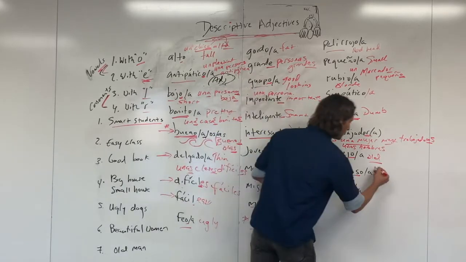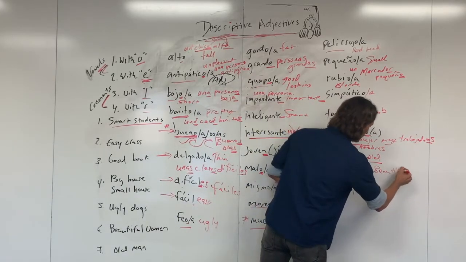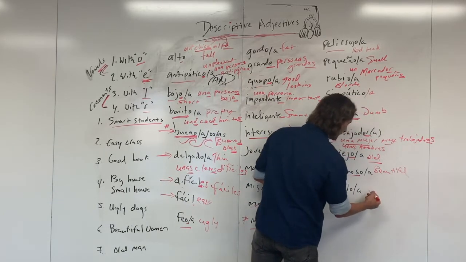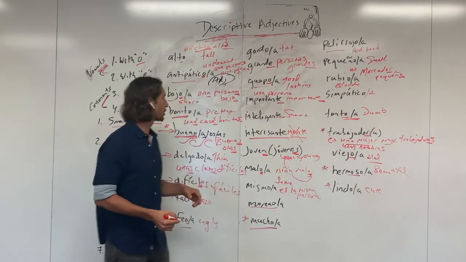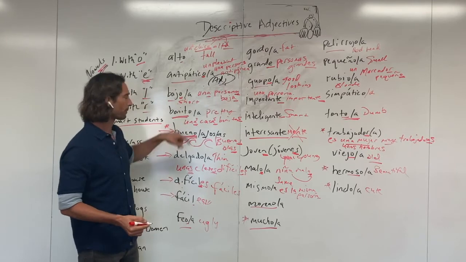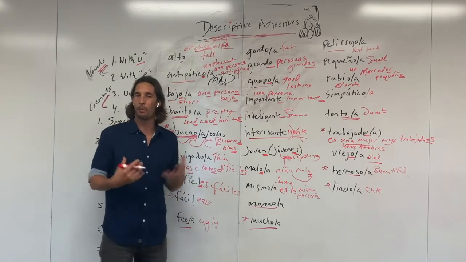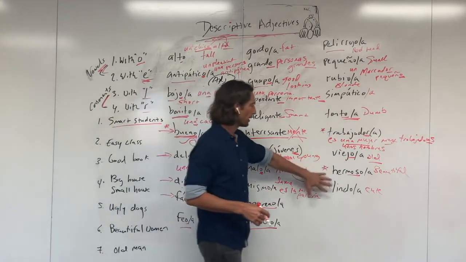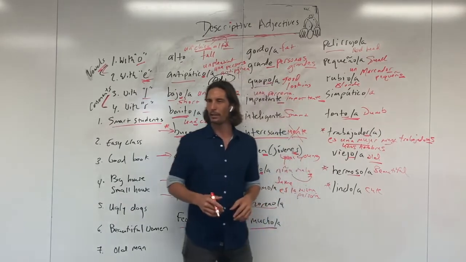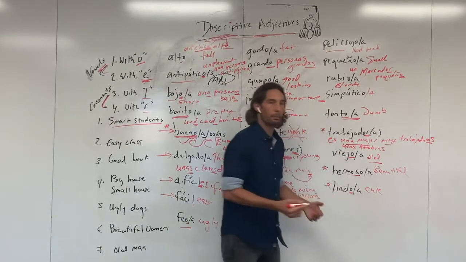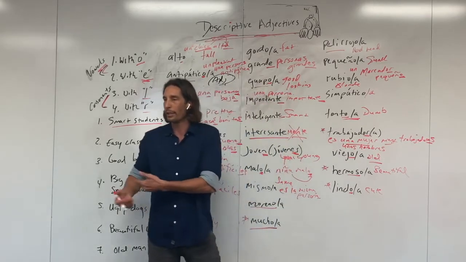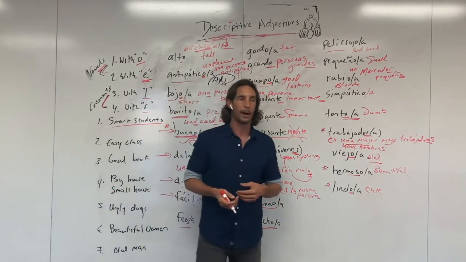Let's put beautiful out there, and let's put lindo. I guess it's cute or pretty. Along the lines of bonito, but it's another way of complimenting someone. So yeah, why not? Let's put it on there. So again, if it's a cute boy, es un niño lindo, for example.